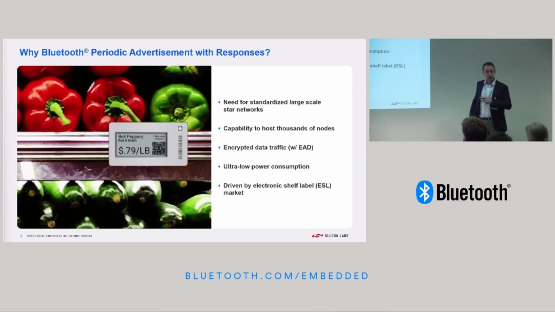Then there's encrypted advertisement data. I will not talk about that, since it's outside of PAWR and one of the new Bluetooth 5.4 features. I will skip it today, but it's important for the application that things are encrypted. And the last topic, which is super critical, is ultra low power consumption. That's really the key of PAWR, why all this is done.